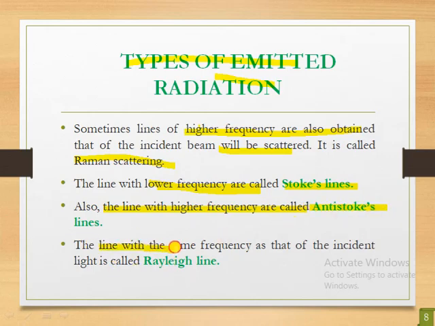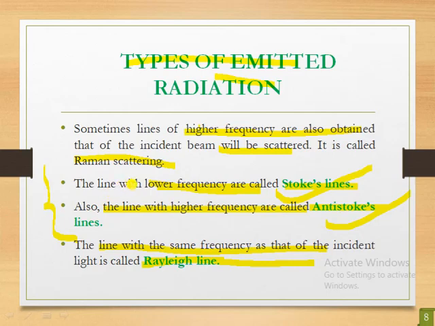And the lines with the same frequency, as you know, are known as Rayleigh lines, or Rayleigh scattering, and both of these others are known as Raman scattering. So Raman lines are divided into two kinds, Stokes lines and anti-Stokes lines.